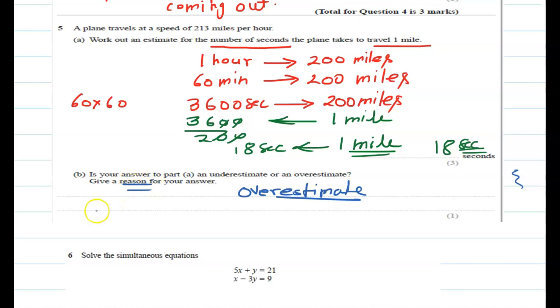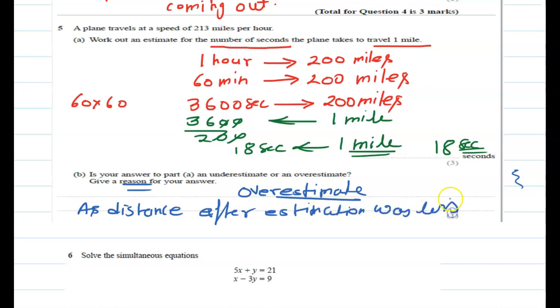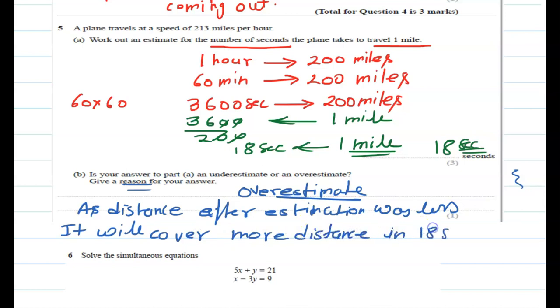As the distance after estimation was less, it will cover more distance in 18 seconds. Right?